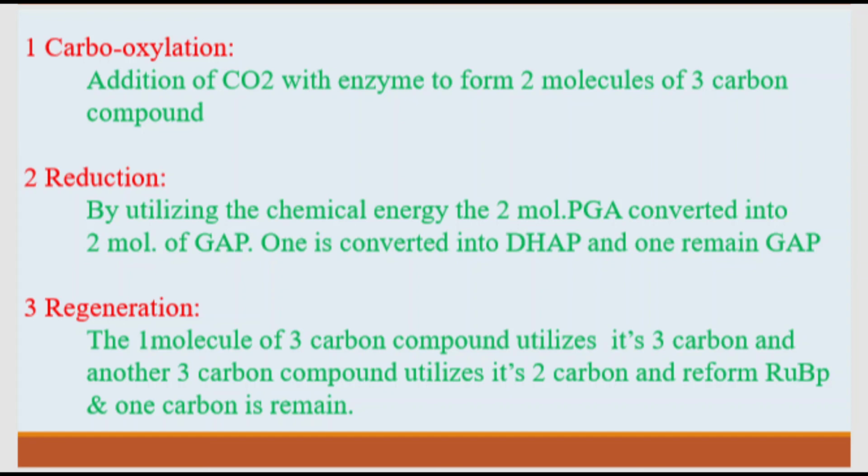So the process has 3 different steps. One is the fixation of carbon dioxide to form the first stable compound, which is then converted into its isomers, GAP and DAP. Then the regeneration of the 3 molecules of carbon occurs. The 5 carbon ribulose 1,5 biphosphate is regenerated, and the remaining carbons are from the 3 carbon compound GAP.